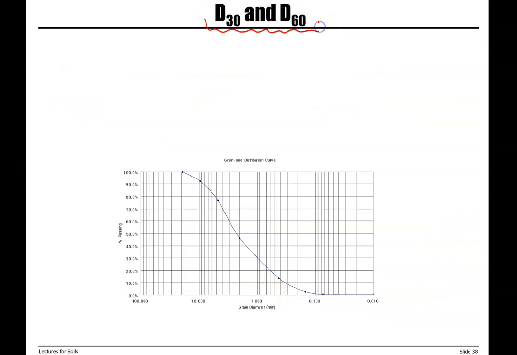Then we also need D30 and D60. So for D30, we start from 30% passing to the gradation curve to the horizontal axis.